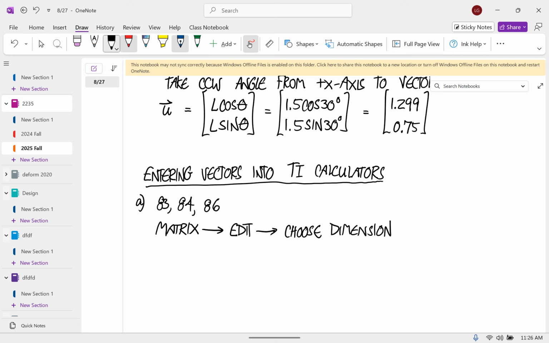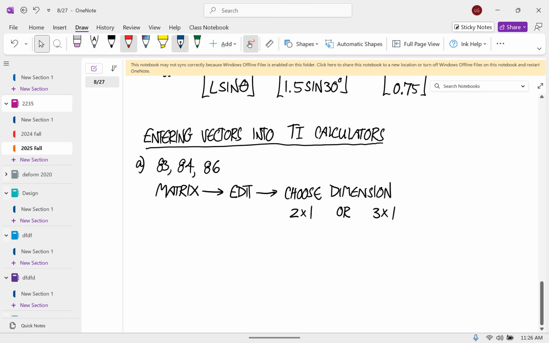When we're dealing with vectors, your dimensions are going to be either 2 by 1 if you're doing two-dimensional calculations, or 3 by 1 if you're doing 3D calculations. So that's one way you can do it.